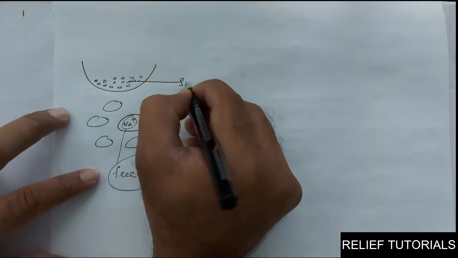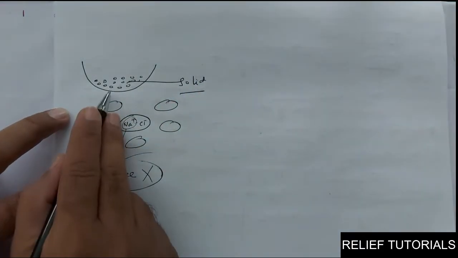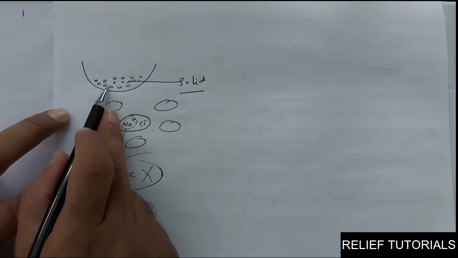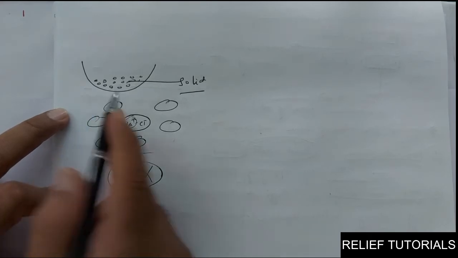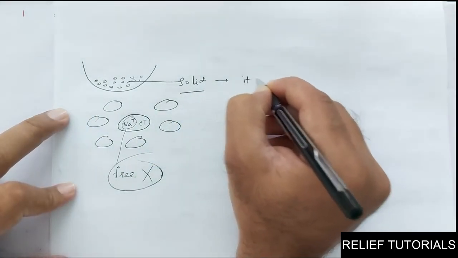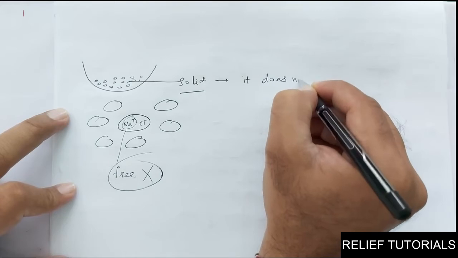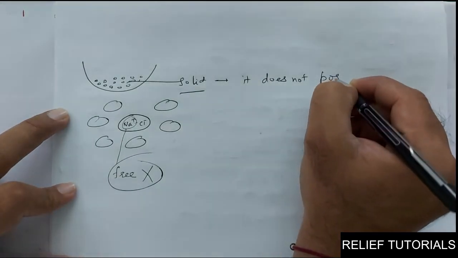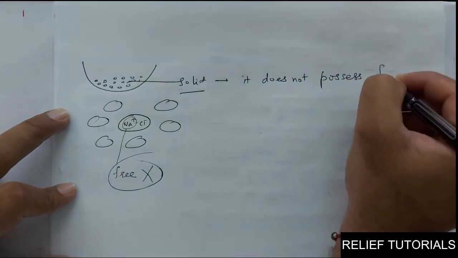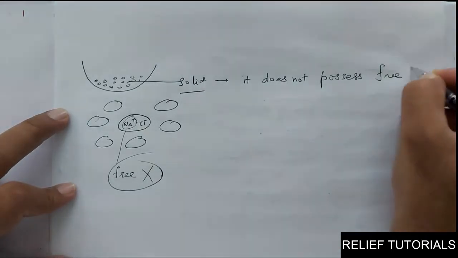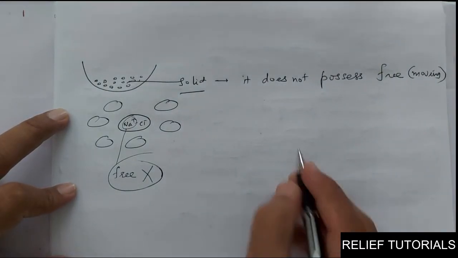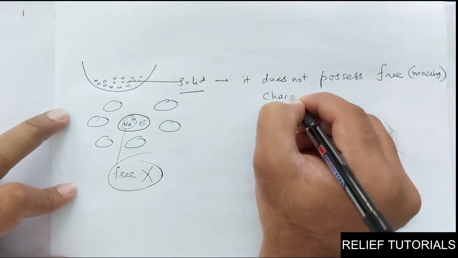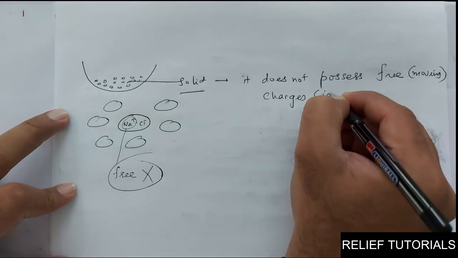This is the solid state of an ionic compound, and in the solid state, it does not possess free, meaning moving, charges or moving ions.